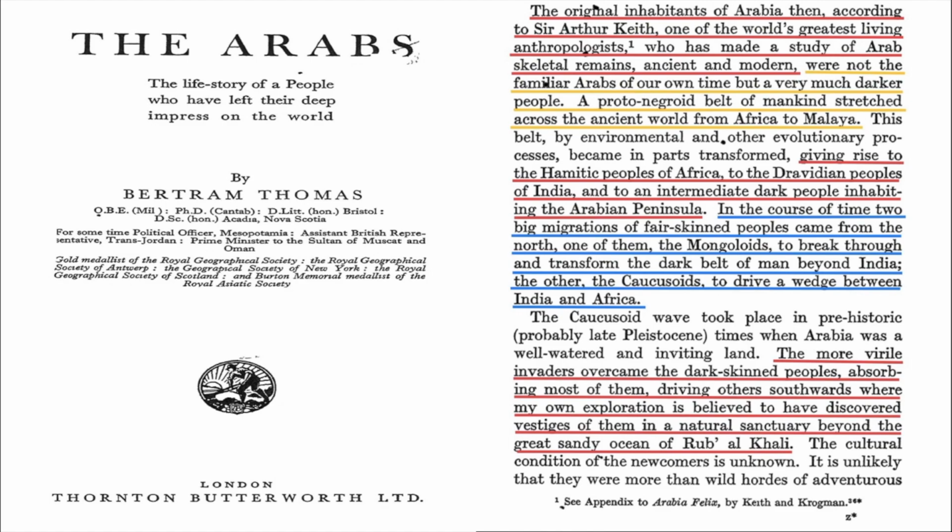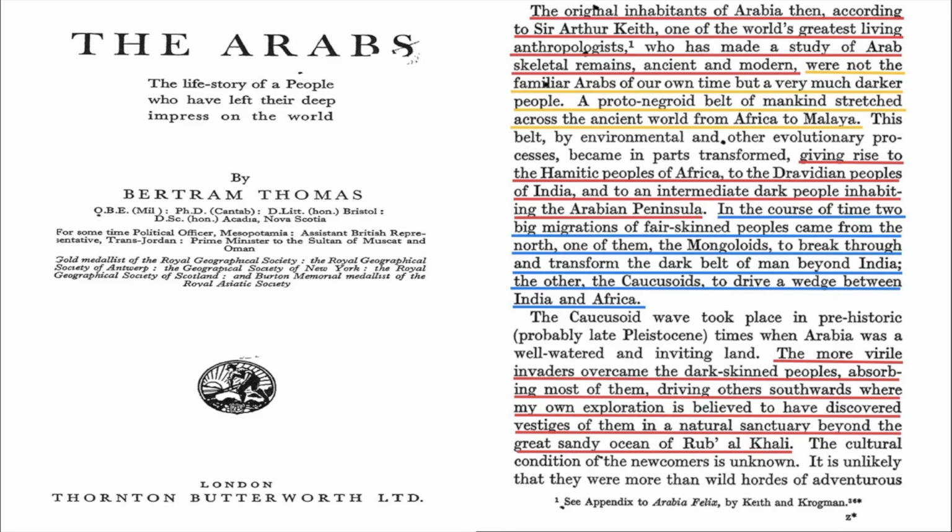It's always the north. "One of them, the Mongoloids, to break through and transform the dark belt of mankind beyond India. The other, the Caucasoids, to drive a wedge between India and Africa. The more vile invaders overcame the dark-skinned peoples, absorbing most of them, driving others southwards, where my own explorations is believed to have discovered vestiges of them in their natural sanctuary beyond the great sea ocean of Rub al-Khali."